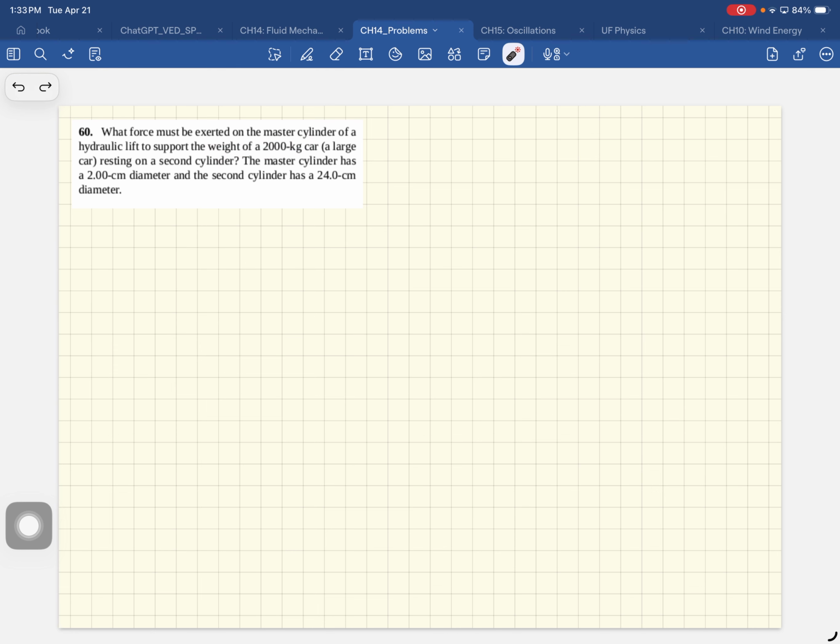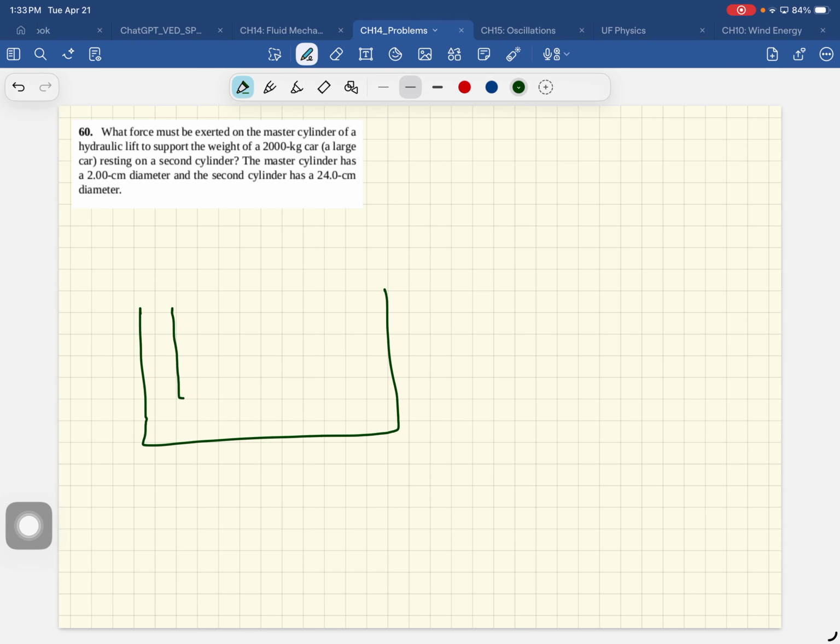All right, so we're going to put that in here. Output area times input force equal to mg.